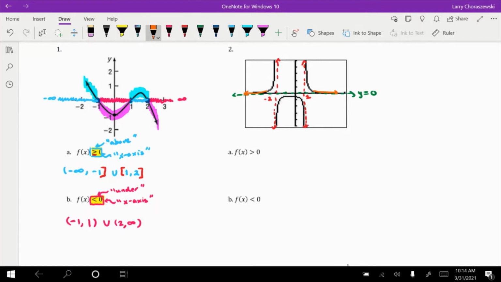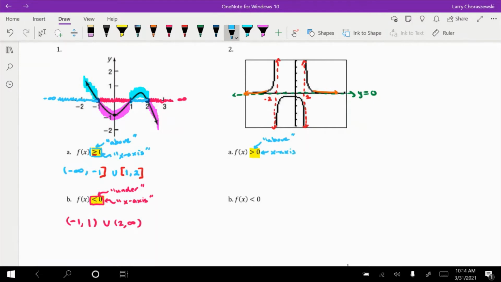So that means there are no zeros, but that doesn't stop us from being able to answer inequalities using this graph. For instance, in part A, they want us to solve the inequality f of x is greater than 0. Now again, in the context of graphs, greater than will mean above, and then 0 will mean the x-axis.